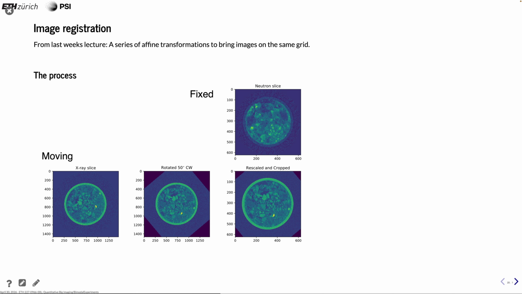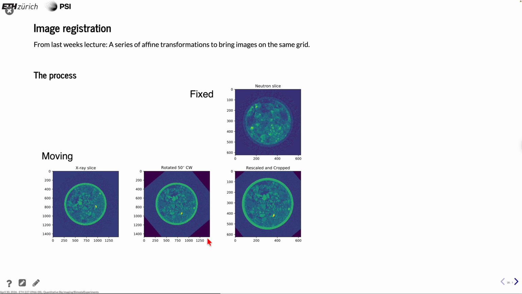I would say almost any registration tool would be able to find it. The next step is the rotation. And now comes the tricky part, because now we have strong features in different places of the image. In the end, it turns out that we need to first rotate the image to get it more or less in the right position.